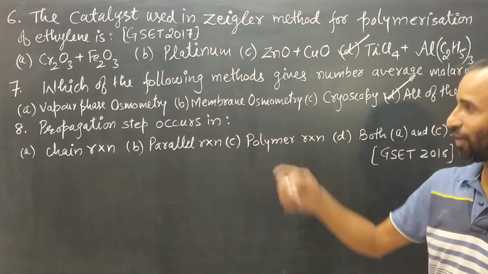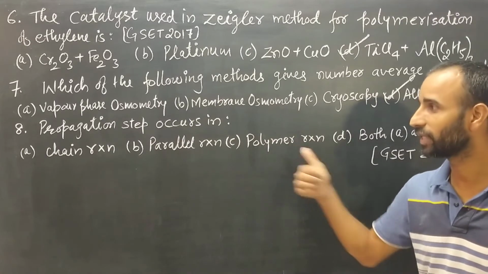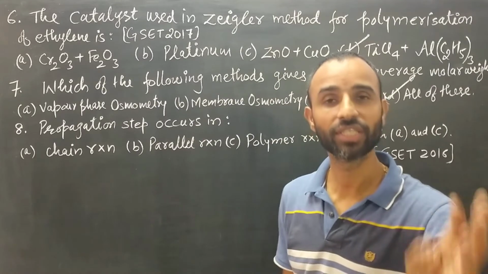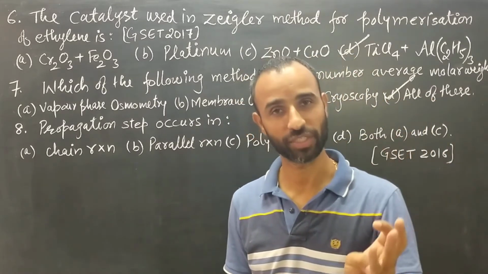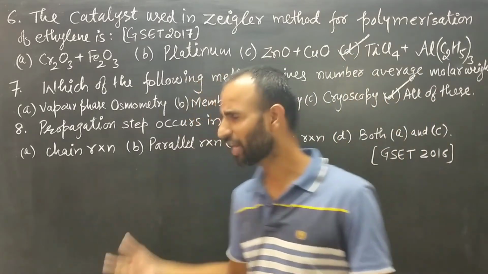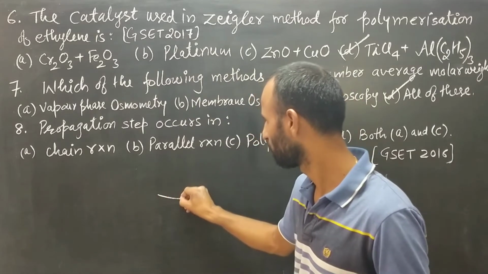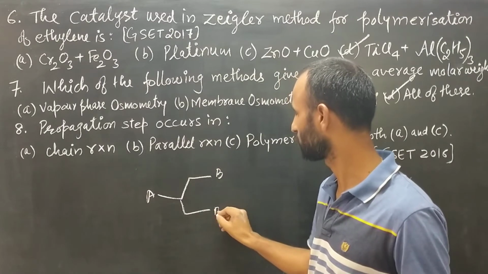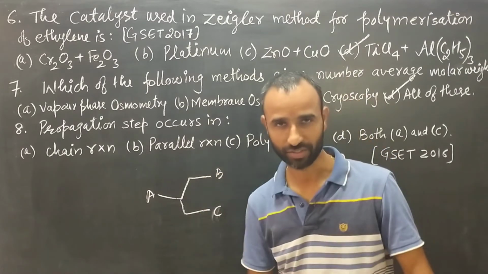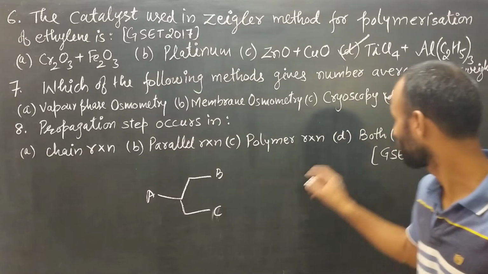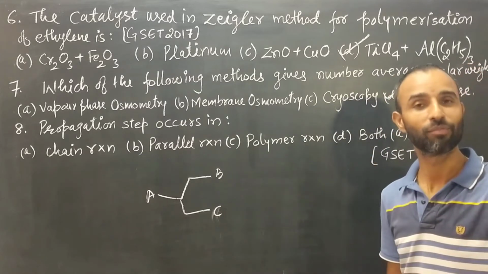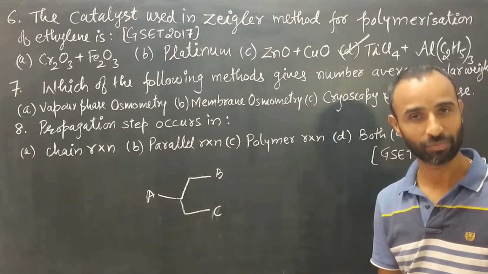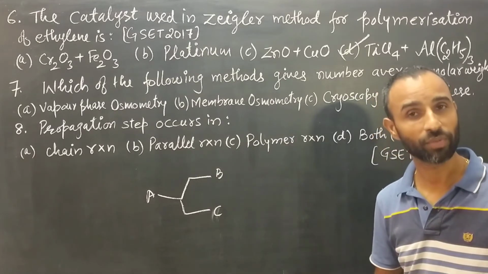Easy. Now the last one: a propagation step occurs in chain reaction, obviously chain initiation, chain propagation, chain termination. Chain reaction, not parallel reaction. A parallel reaction is when we have A, and from A we get B and C. That is called a parallel reaction. Here there is no propagation step. But polymer reaction is the general term, and chain reaction is one of the things that undergoes polymerization.